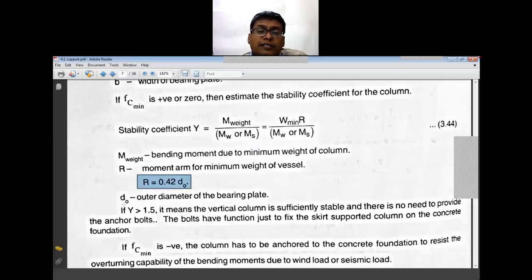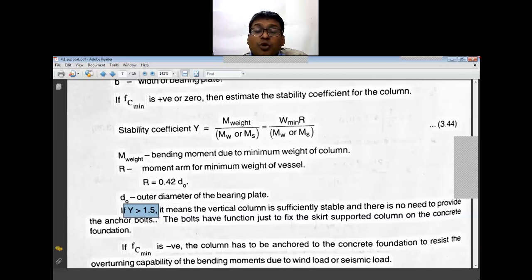If Y, which is your stability coefficient, is greater than 1.5, it means the vertical column is sufficiently stable. If the stability coefficient values are more than 1.5, then the column is said to be stable.